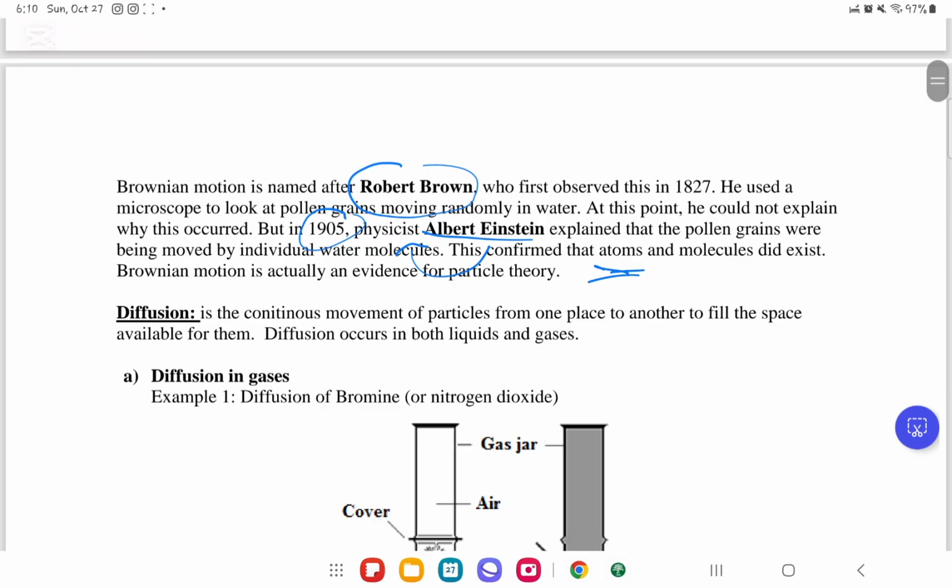This confirmed that atoms and molecules did exist, and so thanks to Robert Brown and Albert Einstein, there is evidence for the particle theory, that there are atoms.